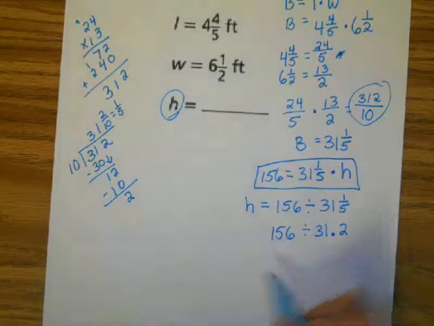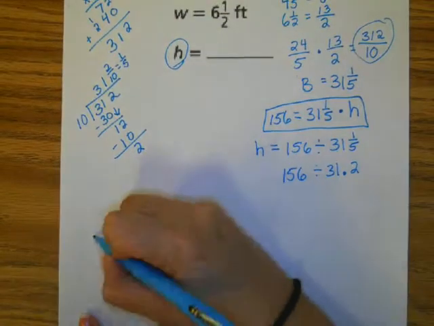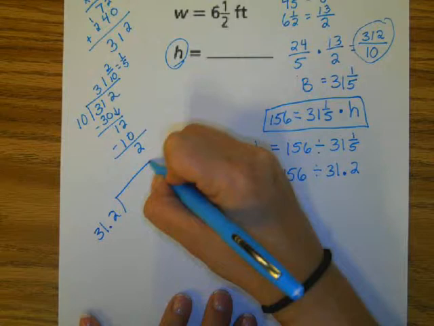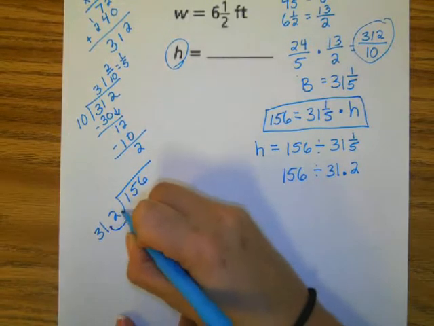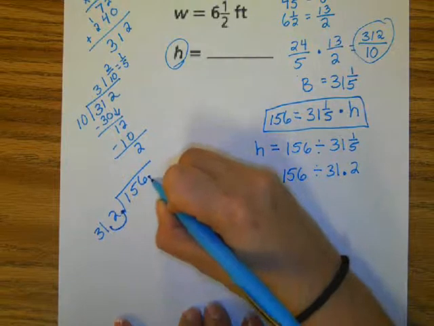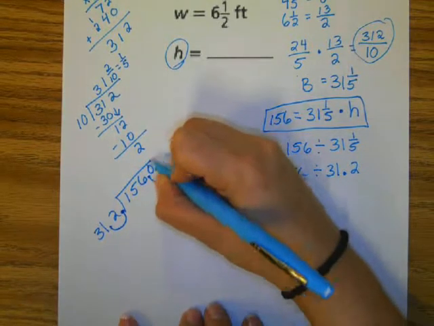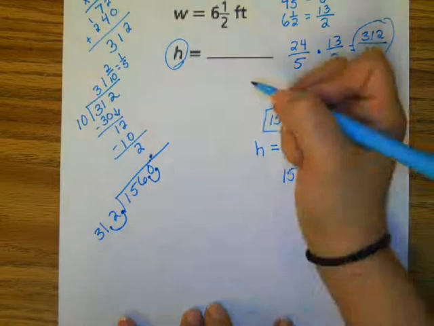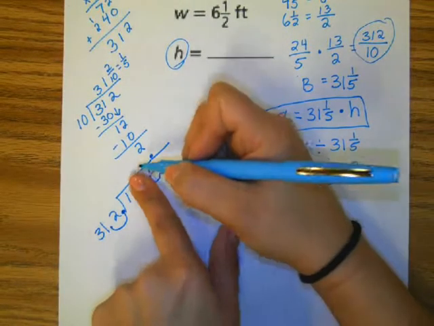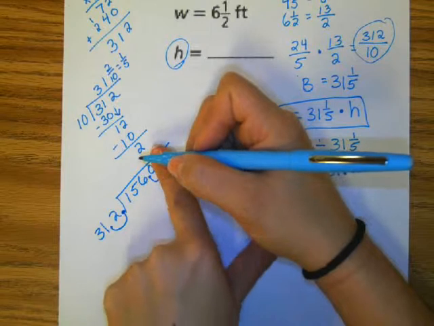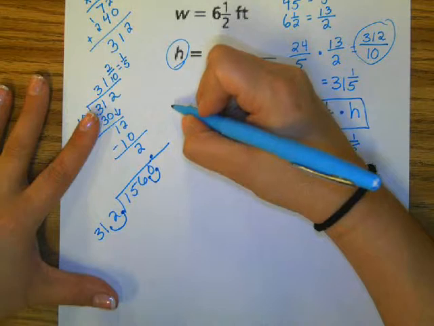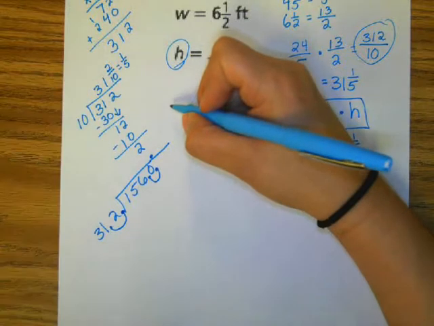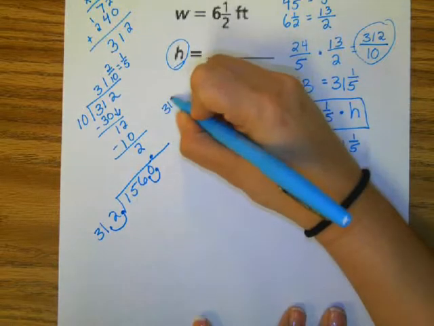31.2 into 156. I have a decimal point, so I'm going to move it one place. So I have to move this one. So 312 doesn't go into 1, doesn't go into, oh goodness, okay. Well, I'm going to start by doing some estimating. So 1,000 would have 300s, or I think it's at least 4 times. Is it 5?